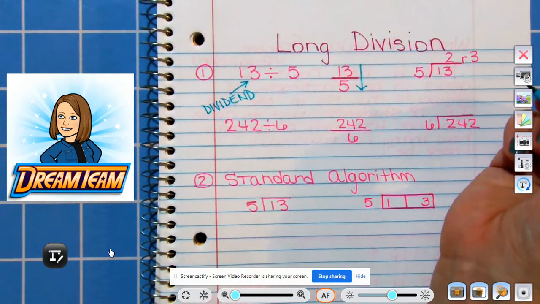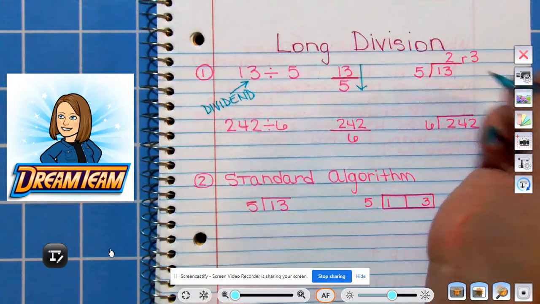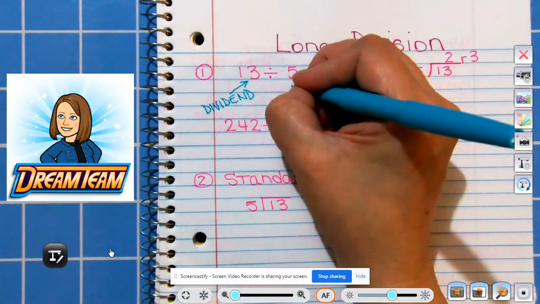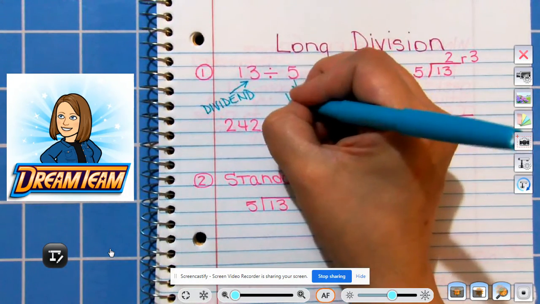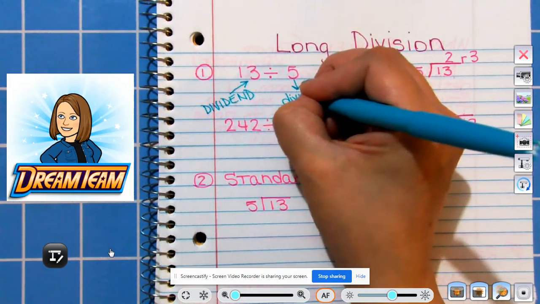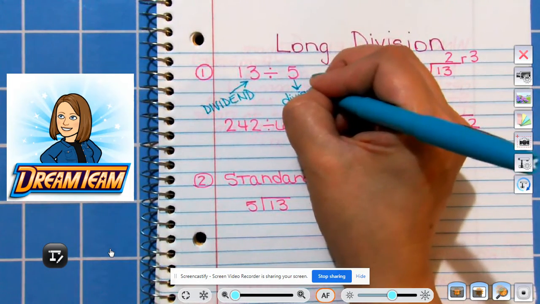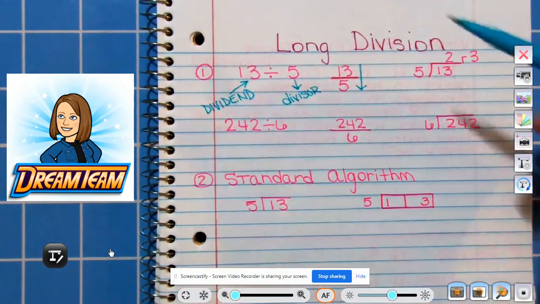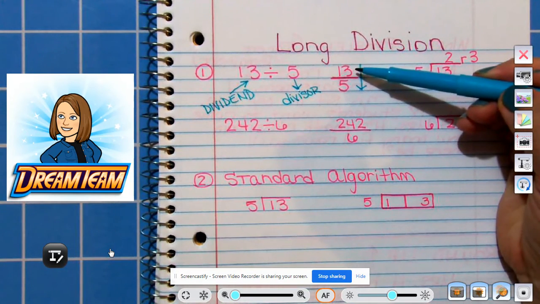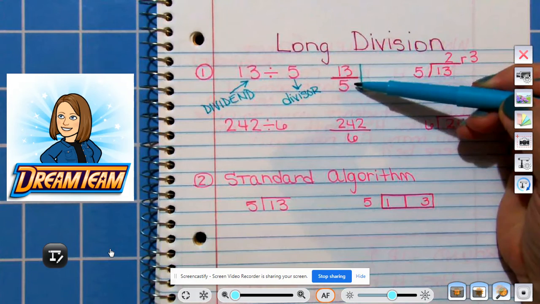All right, the number that you are dividing by, in this case the 5, we are dividing by 5, that is the divisor. So in your fraction, your numerator would be the dividend, and your denominator would be the divisor.